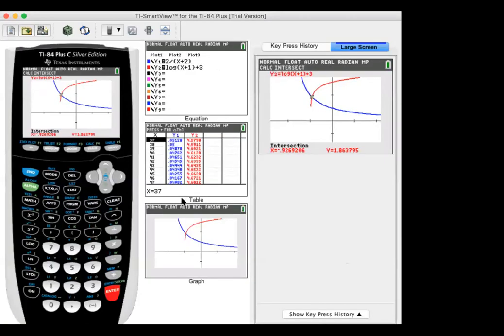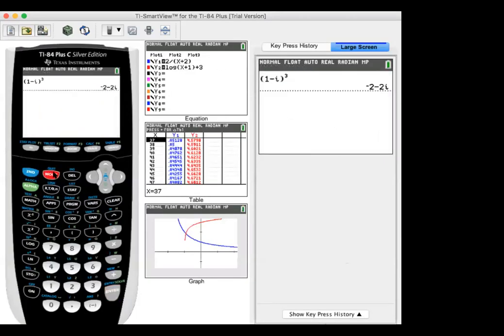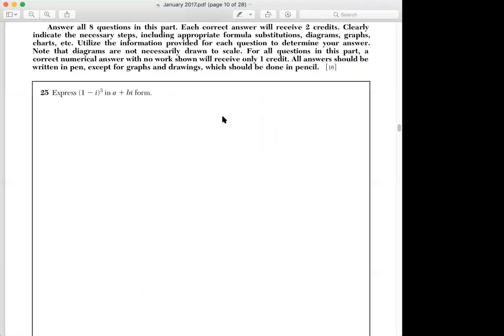One minus i, all to the third. (1 minus i) all raised to the third equals -2 minus 2i. That's the answer. That's it.